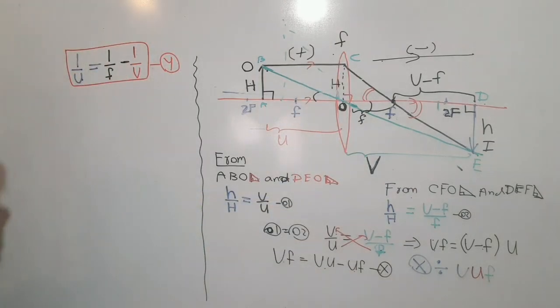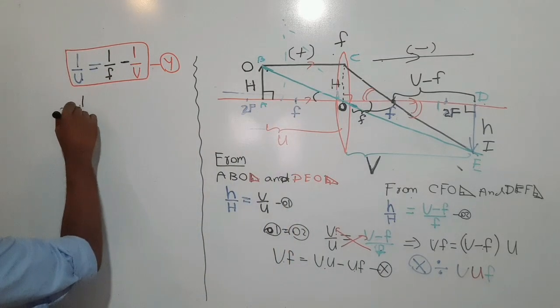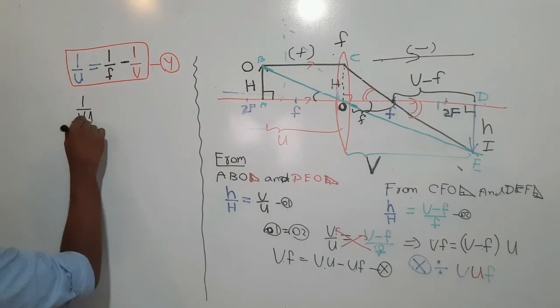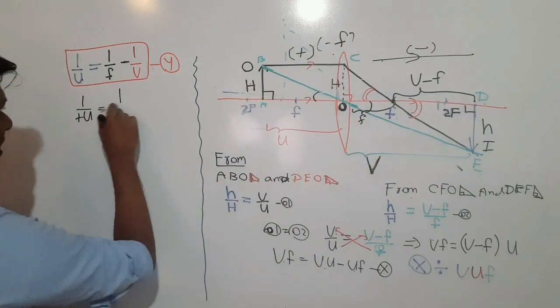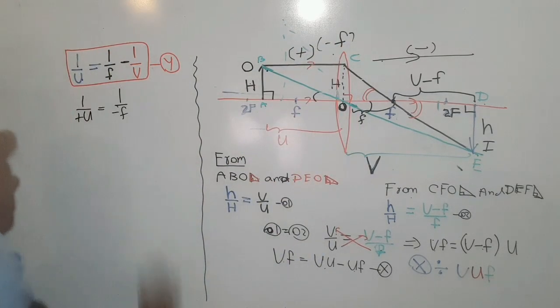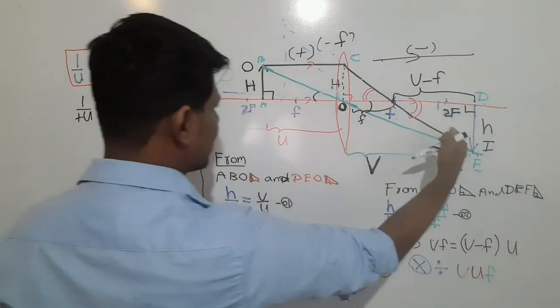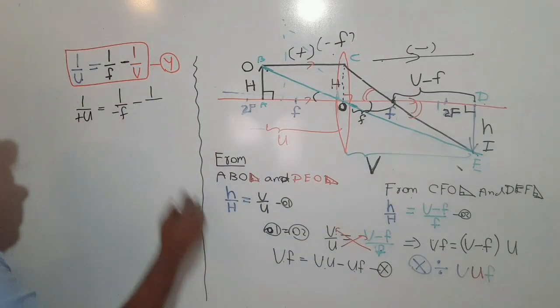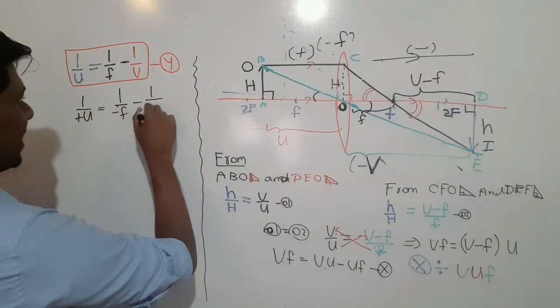Now I'm going to include the signs here. 1 over u, positive, plus... as we know, f is minus, 1 over minus f, minus 1 over u, which is negative u here, since it is negative in that direction, minus v.